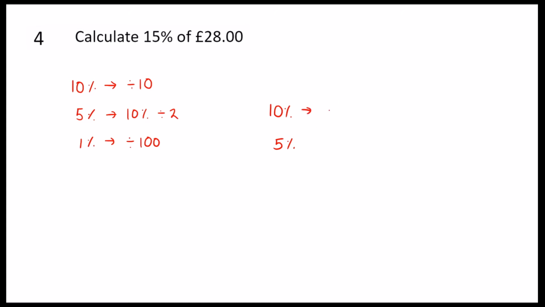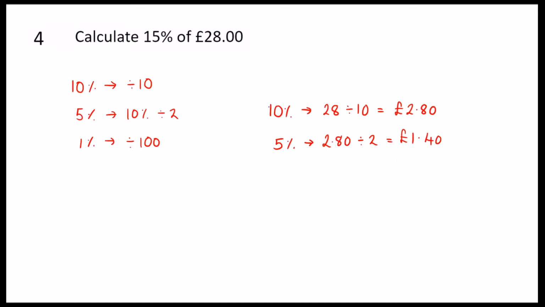So 10% would be 28 divided by 10, which gives me 2.8, which means £2.80. 5% we said is half of this, so I need to take £2.80 and divide it by 2. That gives me £1.40. And lastly, I need to think about how many 10s and how many 5s I need to get 15%.